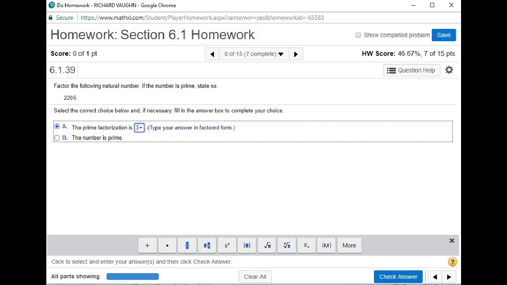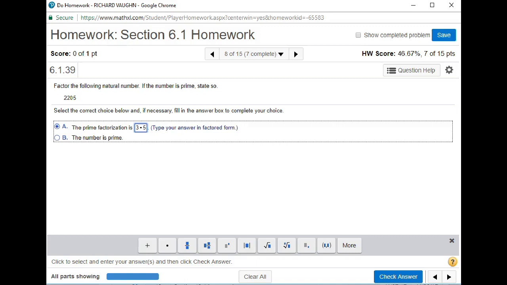If I divide by 3, I get 735. So 735 divided by 5 is 147. So that's 3 times 5 times 147.